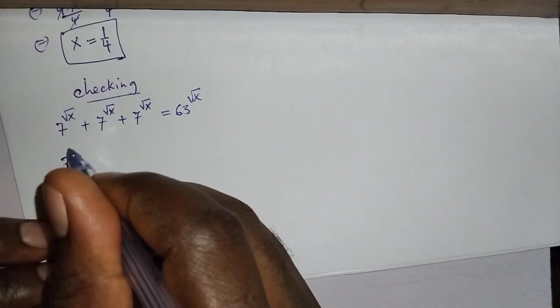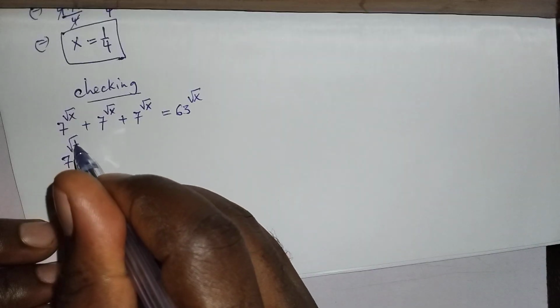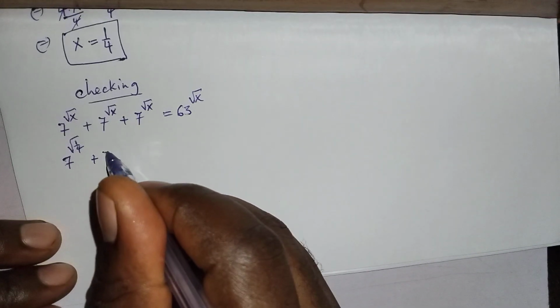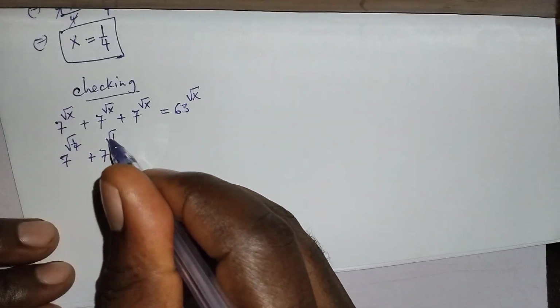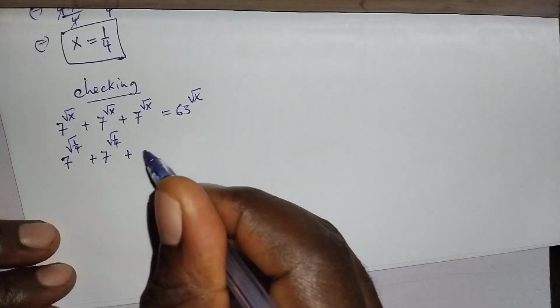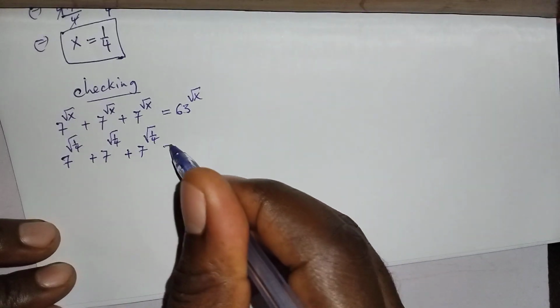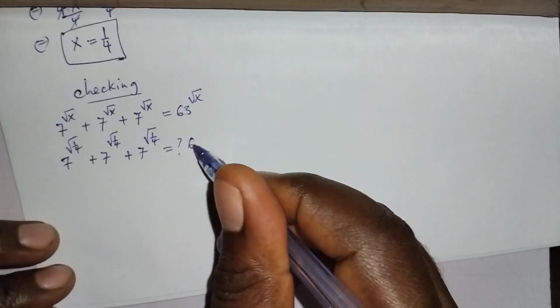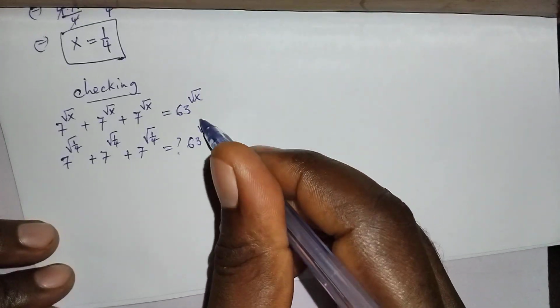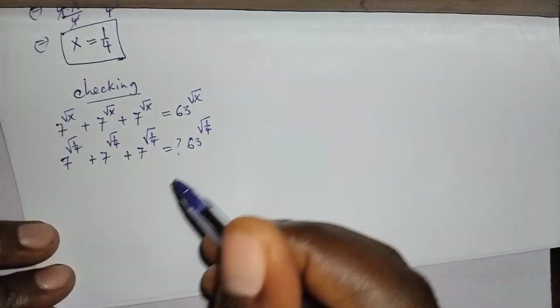So it is 7 + √(1/4) plus 7 + √(1/4) plus 7 + √(1/4). Is it equal to 63 + √(1/4)?